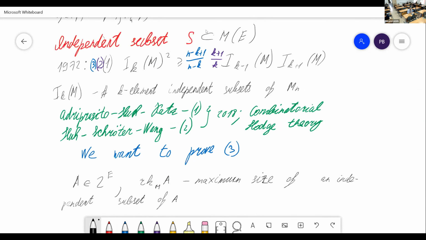The size of it is the rank of A. So the rank is a function that maps all possible subsets to Z, or at least non-negative numbers. Well, technically, we can have series of non-negative numbers.